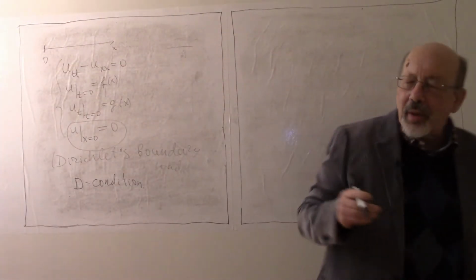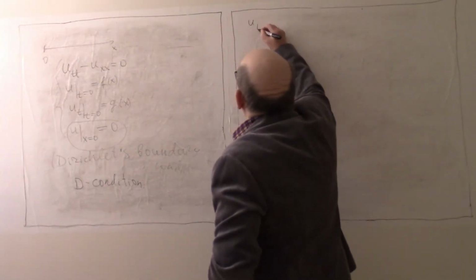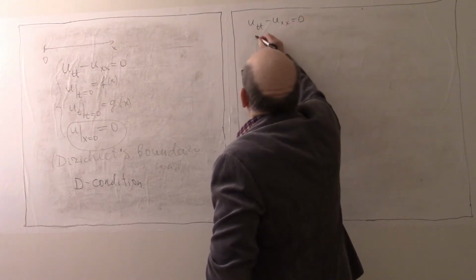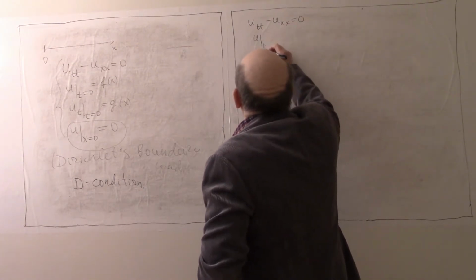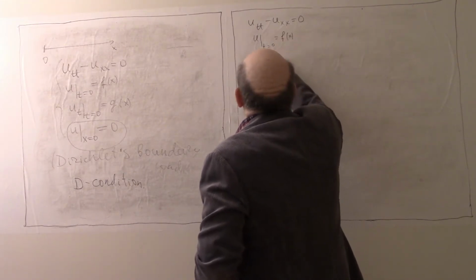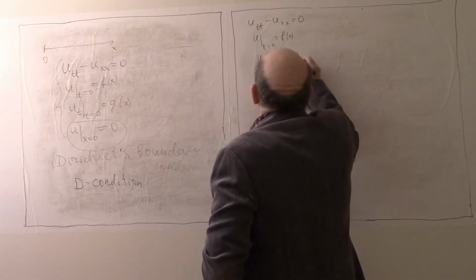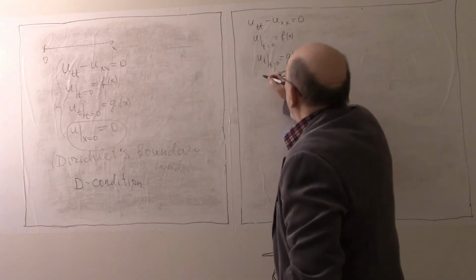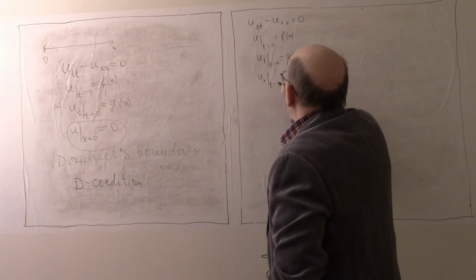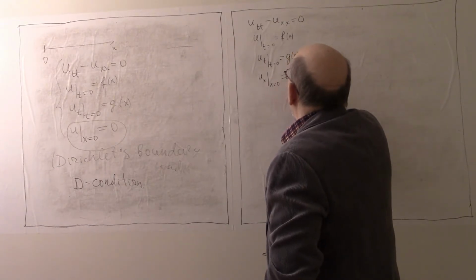Today we consider another condition, namely the same problem, u_tt minus u_xx is 0, u for t equals 0 equals f of x, u_t for t equals 0 equals g of x, and this time we have the following: u_x for x equals 0 equals 0.